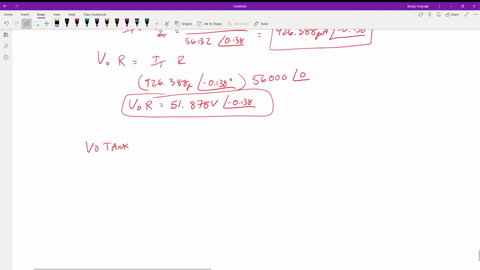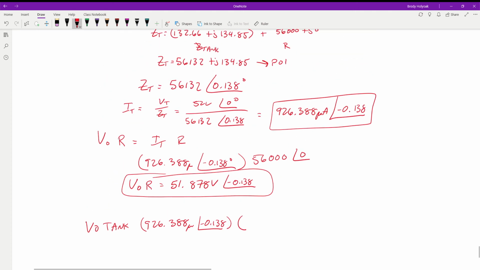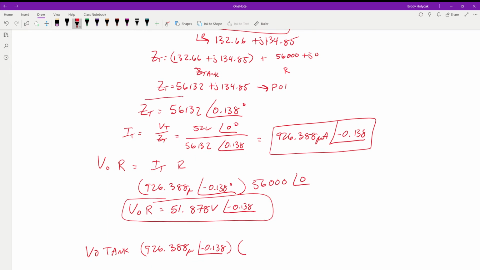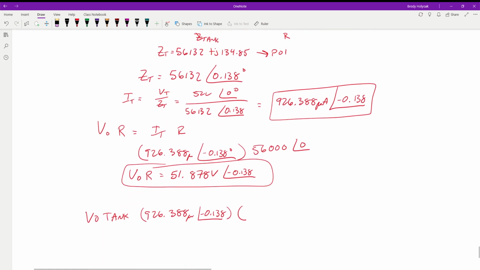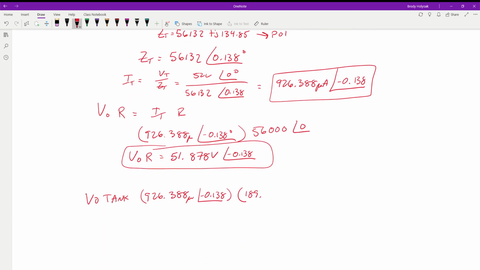V out on the tank is going to be the 926.388 microamps, at an angle of negative 0.138, multiplied by the impedance of the tank, 189.164 at 45.469 degrees.